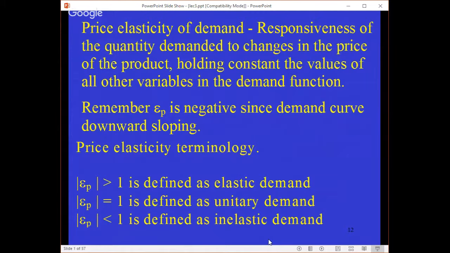If the absolute value of point price elasticity is equal to 1, we say it's unitary elastic. That means if price increases by 1%, the quantity demanded will decrease by 1%, 1 for 1. And finally, if the point price elasticity is less than 1, we say it's inelastic. What that means is if price increases by 1%, the quantity demanded decreases by less than 1%.